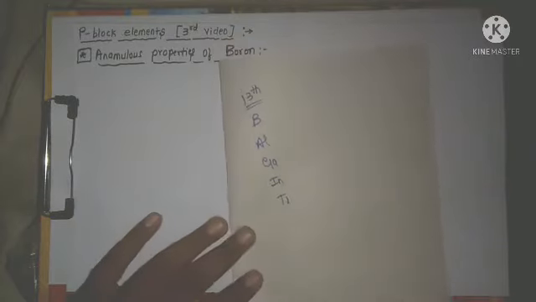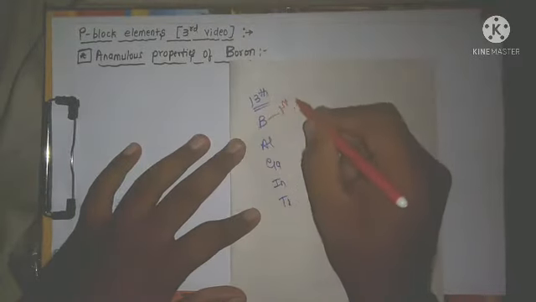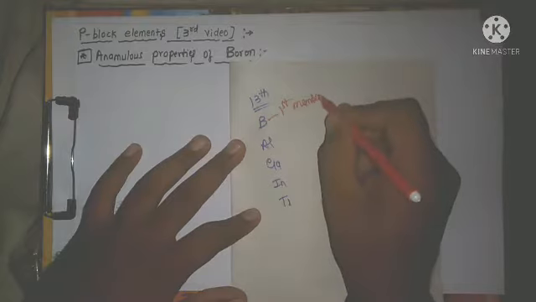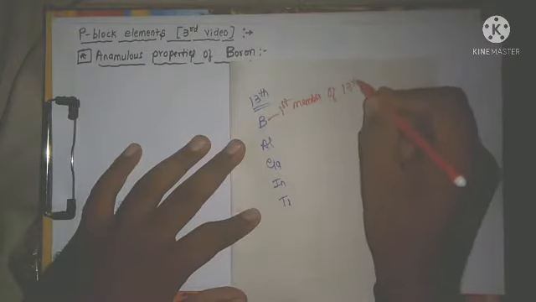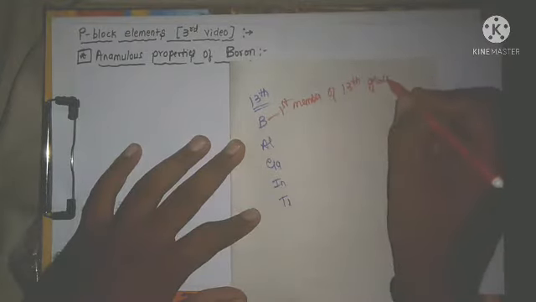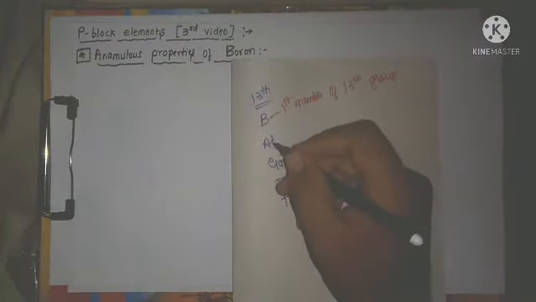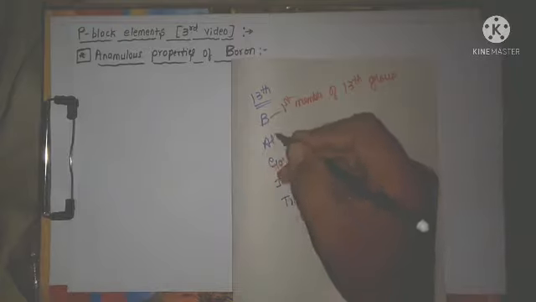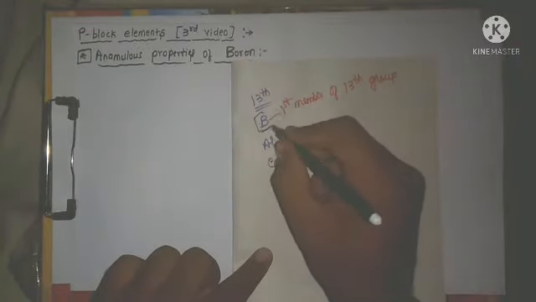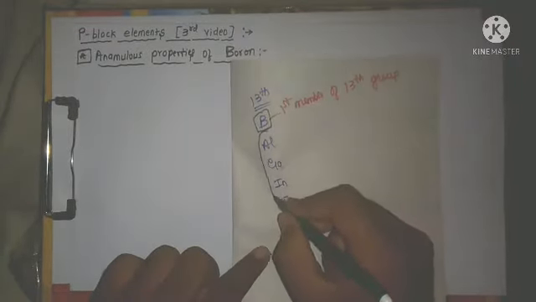Now here, boron is the first member of the 13th group. First member of which group? 13th group. Right. Therefore, this boron shows different properties compared with the other elements in the same group.